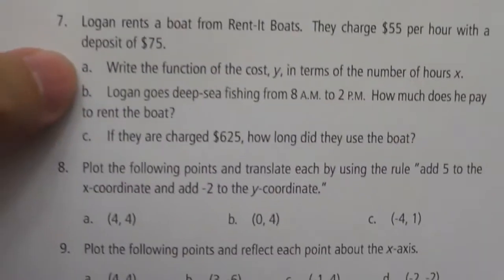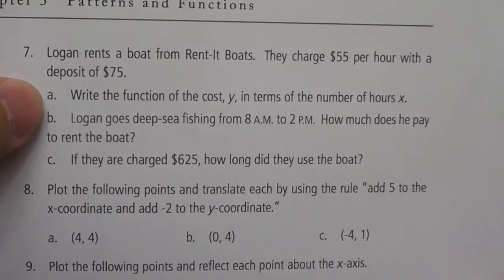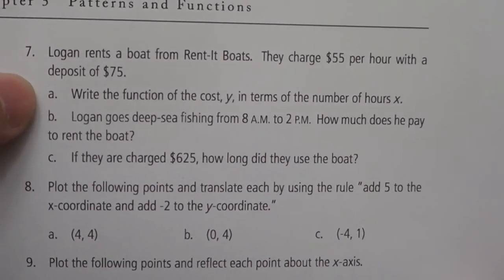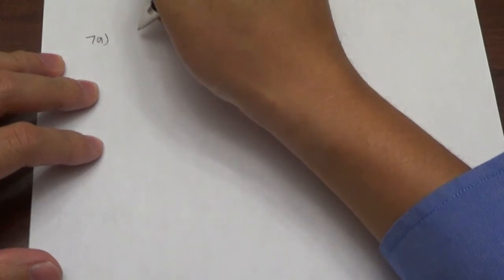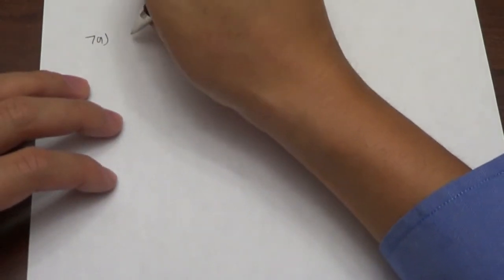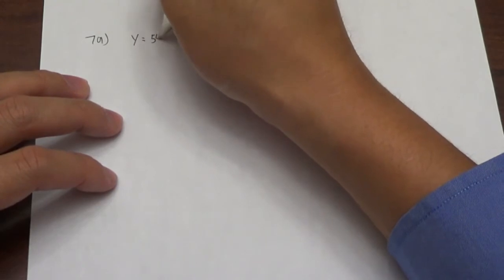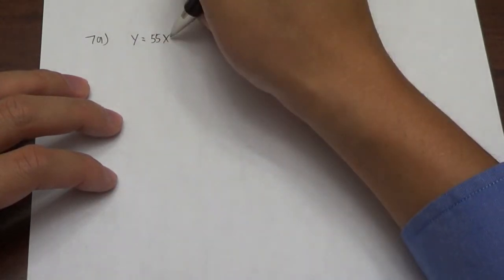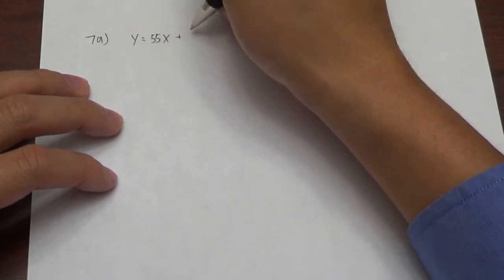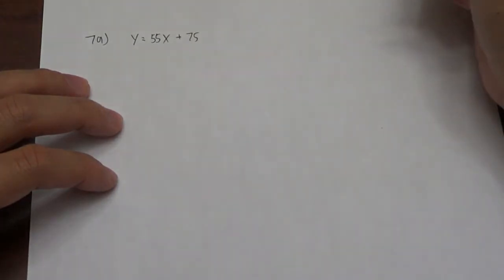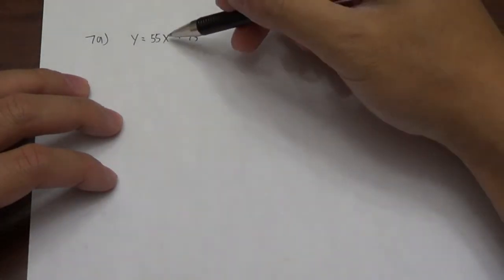So it's very similar to the question we had earlier. For 7a, it wants us to write the function of the cost y in terms of the number of hours x. So basically the equation. And again, if you cannot figure out from the word problem that y equals 55 times x, because however many hours I have, I need to multiply by the cost per hour, and you add 75, the fixed cost, because that's going to happen no matter what, regardless of what x is.